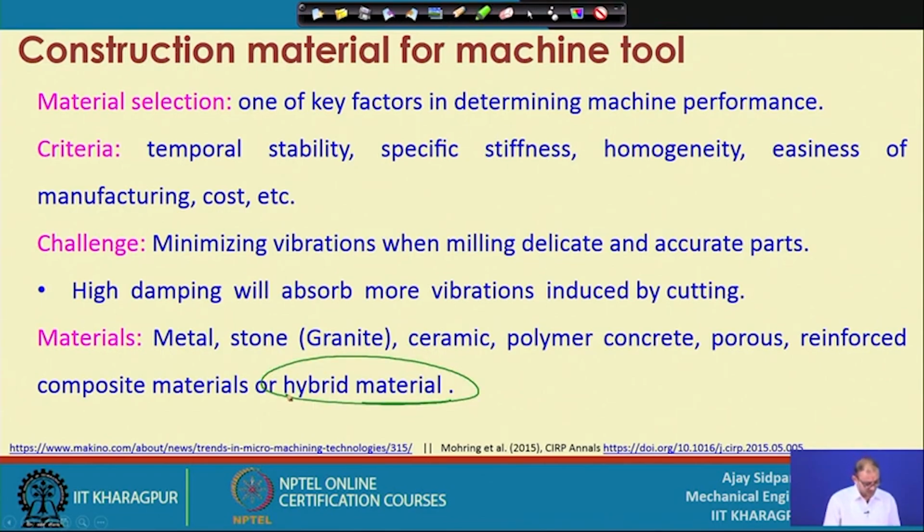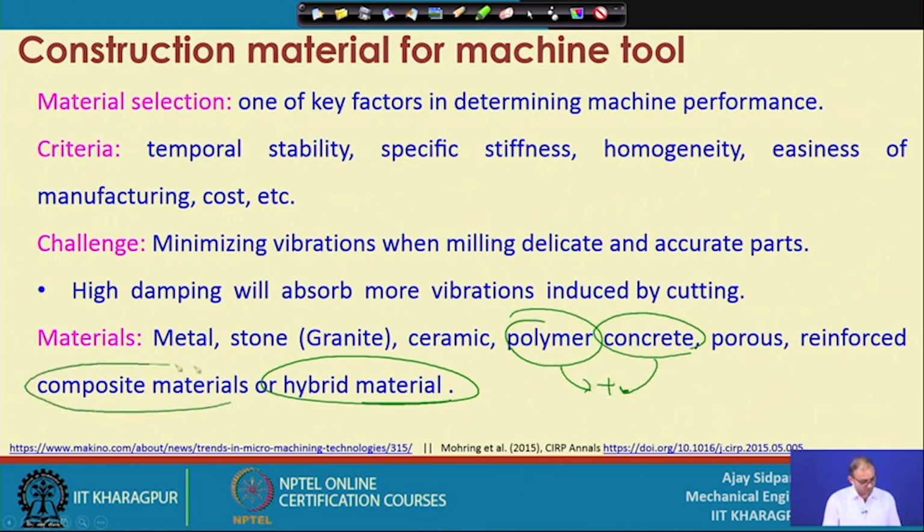So, there are hybrid materials available. Concrete is a different material, polymer is a different material, so you mix both and you get one type of hybrid material. Composite is also considered a hybrid material, because it consists of two or more materials, so that you can get the required property for a particular structure.